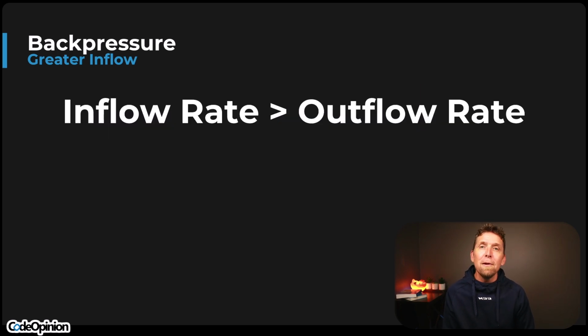Ultimately, your inflow rate is greater than your outflow of how many messages you can process. A solution to this is just to scale out, to add more instances so you can process more messages concurrently so you can keep up. The downside to this, as I was showing earlier, is that if you have concurrency issues where you need to process a message one at a time, that means that you only have a single instance, so you can't use the competing consumers pattern.